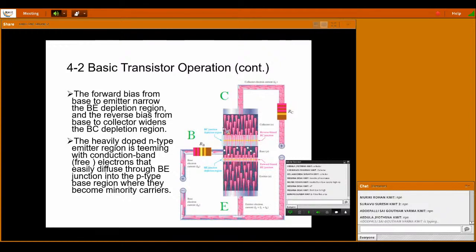So beta is the common emitter current gain, alpha is the current gain of common base, and gamma is the current gain of your common collector. So IE by IB in common collector, IC by IB in common emitter, and IC by IE in common base configurations.